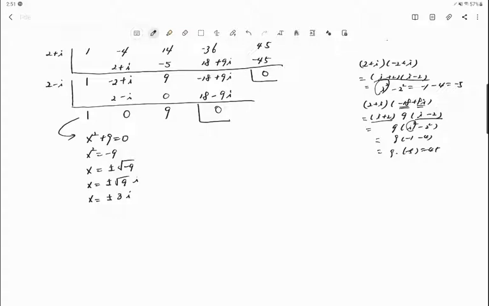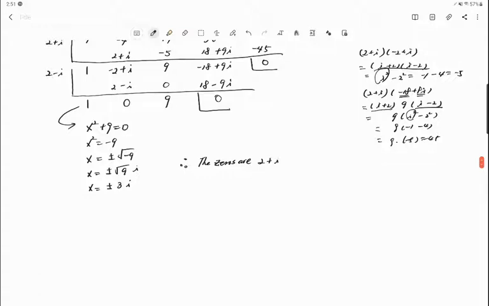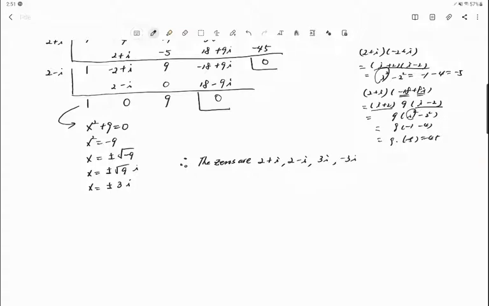So there are 2 more complex zeros. Therefore, the zeros are 2 plus i, 2 minus i, 3i, and negative 3i.